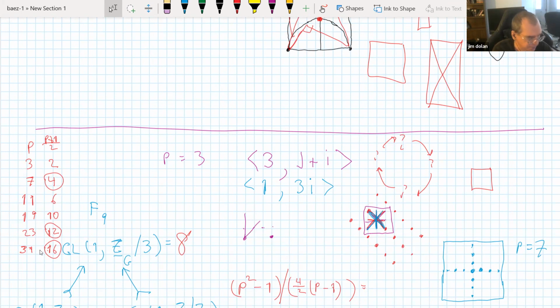There's this quartic Galois group that should be acting visibly on the designs in this case.